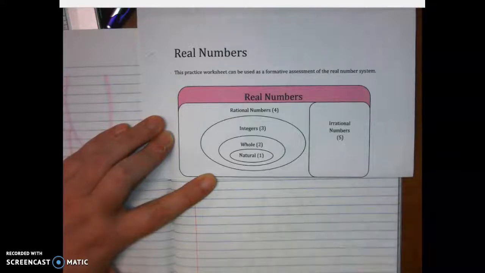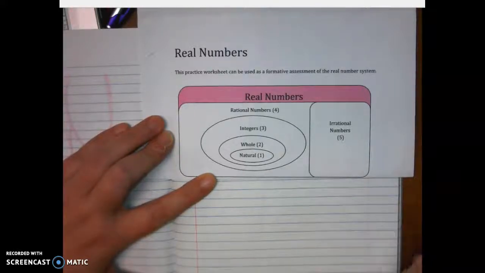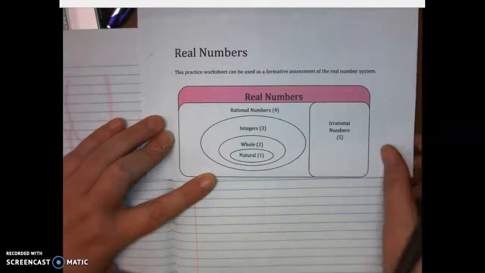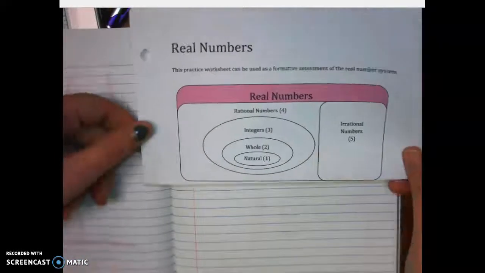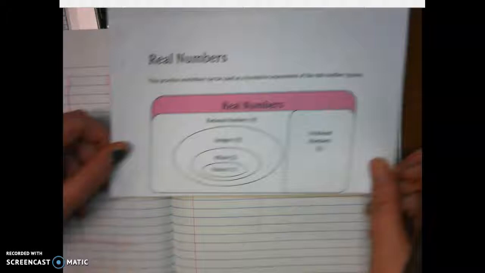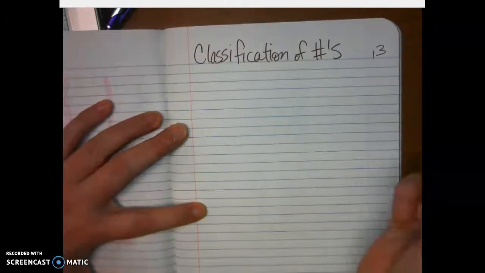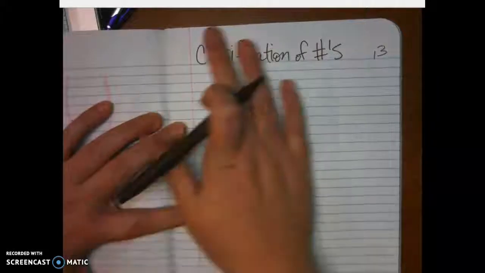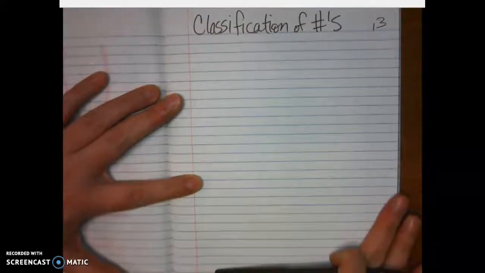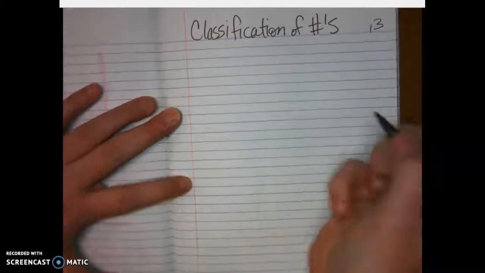So as I write them down, pause the video so you can write down the words that go with each group as well. So I'm going to try drawing this same picture in my journal. It's going to look terrible, but yours will be great. Okay? So I'm going to use my whole page because I'm not a very good artist.